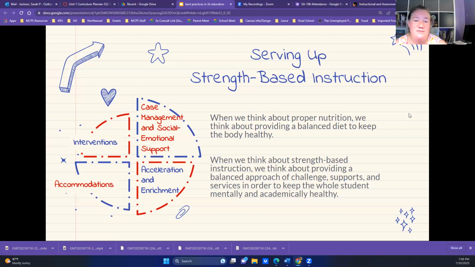We actually want a balanced plate where each section is individualized for the person, but they all have the same basic food groups. And really, the serving is about having both a healthy mind and a healthy body and a healthy education for our students.